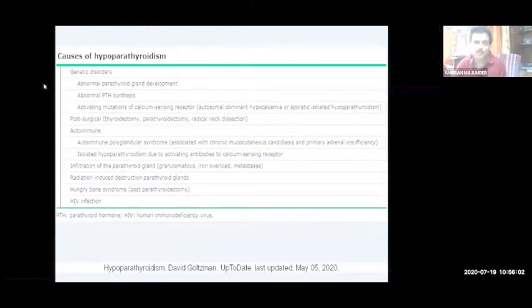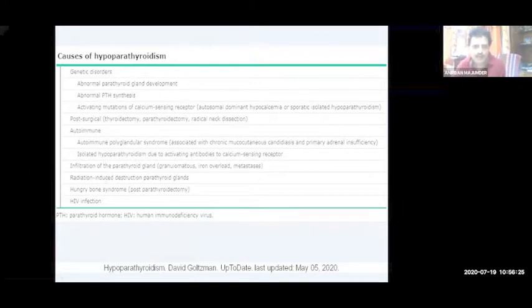Now, if you look into the causes of hypoparathyroidism, why did this patient have hypoparathyroidism? You will find that parathyroid gland abnormality occurs in children, all in young age patients. Surgical is a very common cause, rather the commonest cause of hypoparathyroidism, which we have already discussed.